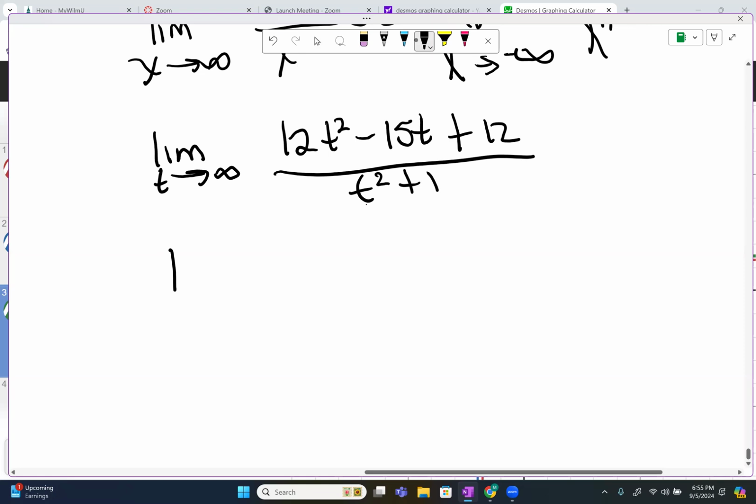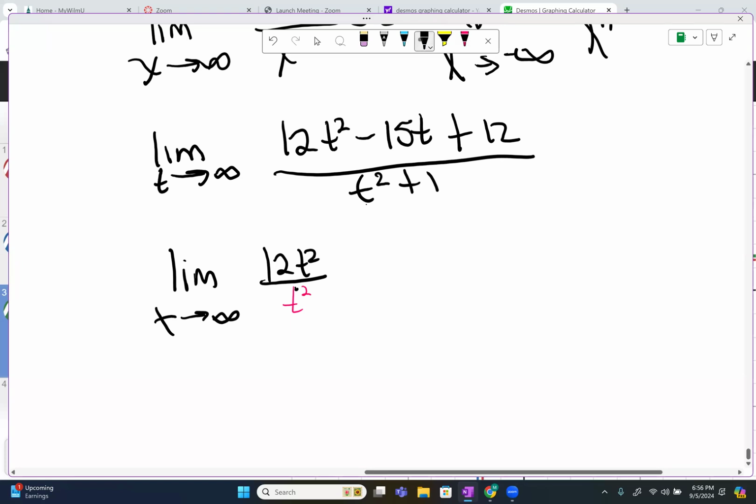So this becomes the limit as t reaches infinity for 12t squared over, and again, I'm going to emphasize that this is also t squared.